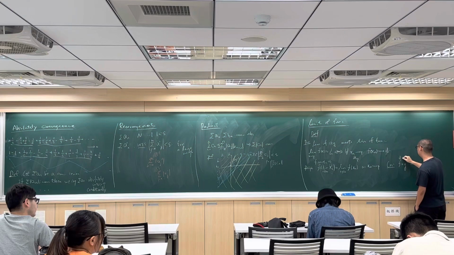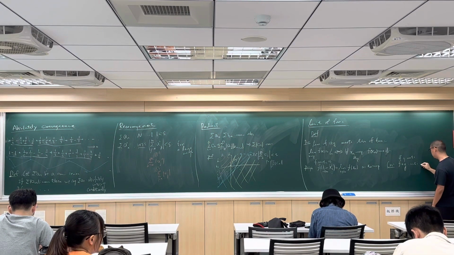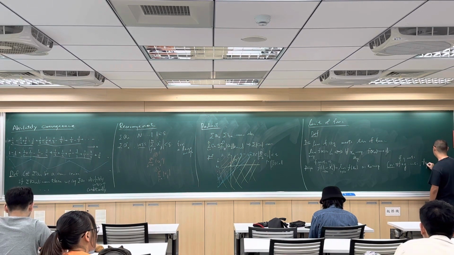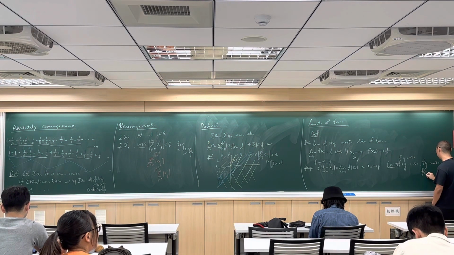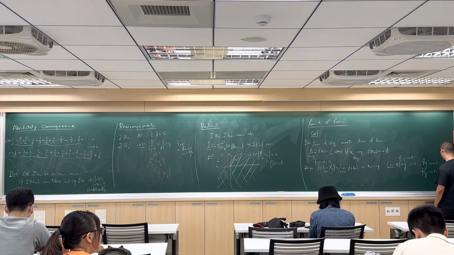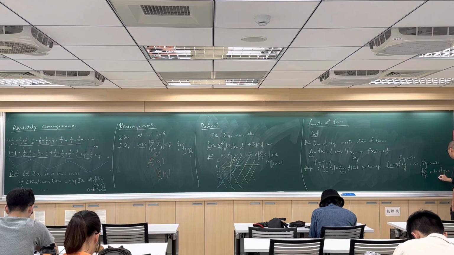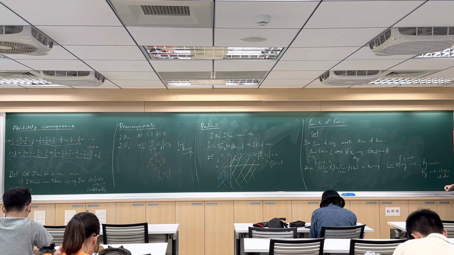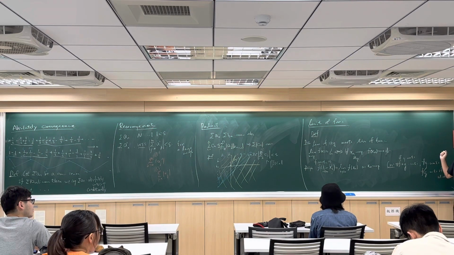So if f, g are continuous, then f plus g is continuous, and fg is continuous. f over g is continuous if g does not equal 0 at all x. This one, you can use this one. Alright, you can use this one. Okay.